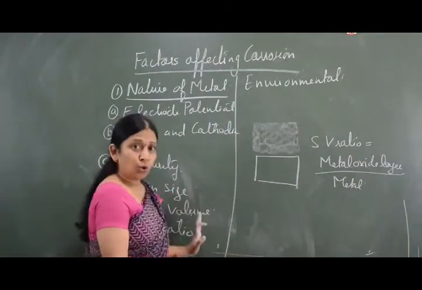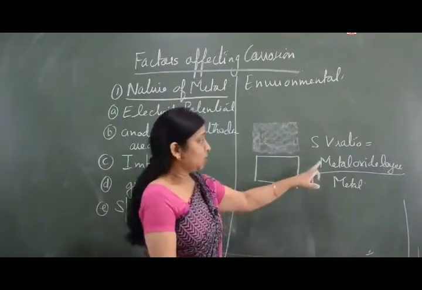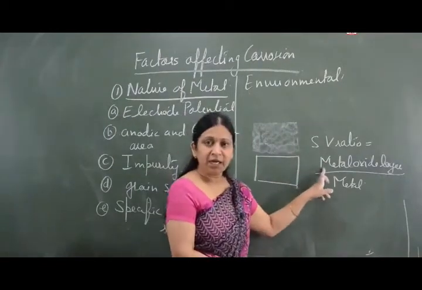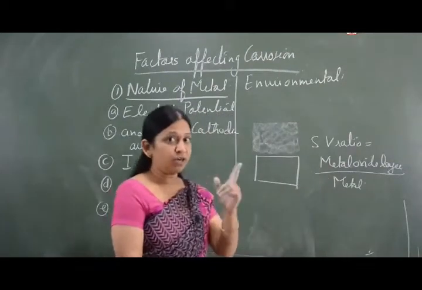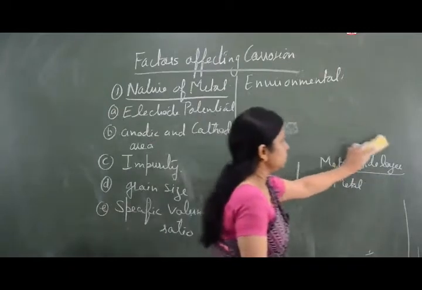For the rate of corrosion to be enhanced, this ratio should be small. So the metal oxide layer should be small if it is a protective layer. So this is the specific volume ratio.